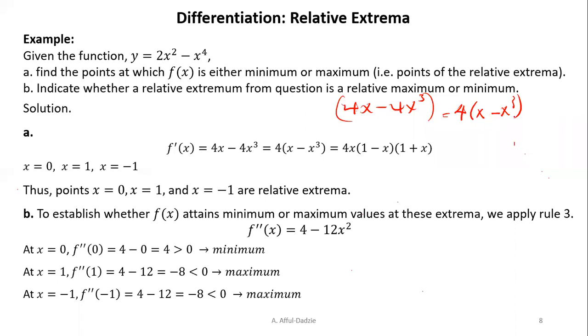We want to generate the coordinates for this. Now you have 4x, and when you factor this out again, this is left with 1. Then you'll be left with x squared.